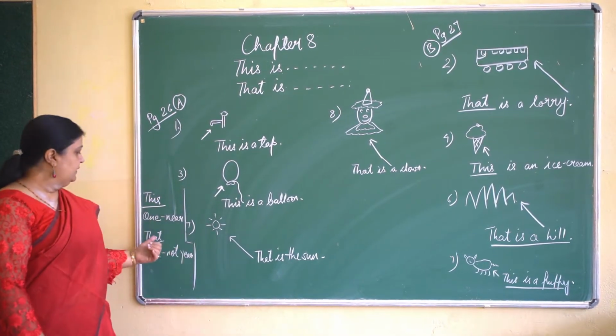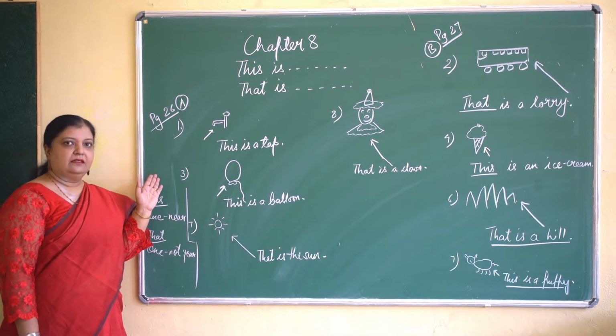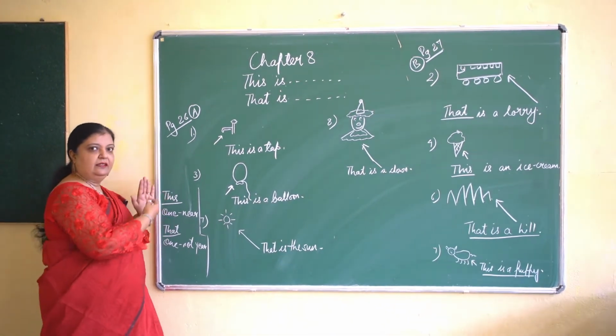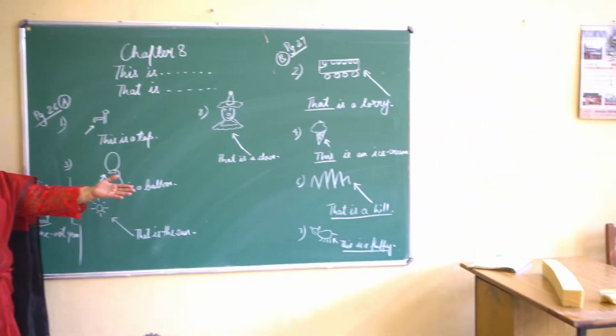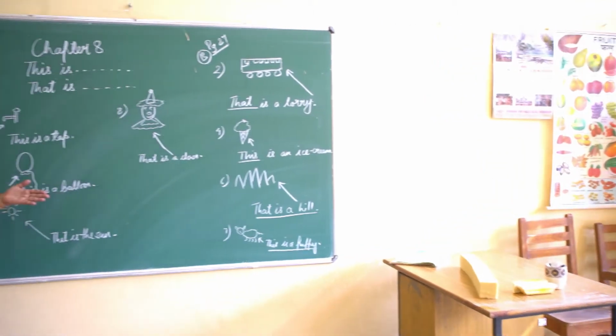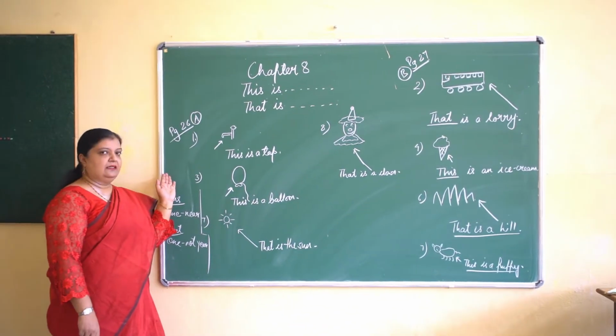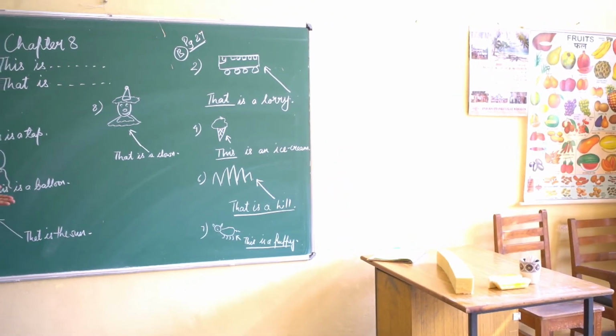For example, this is a blackboard because it is near. Now there, it's quite far off. That is a table. This is a blackboard, that is a table.